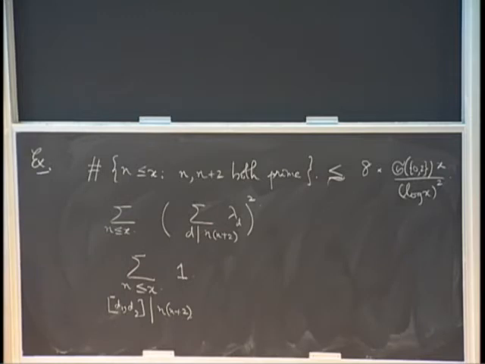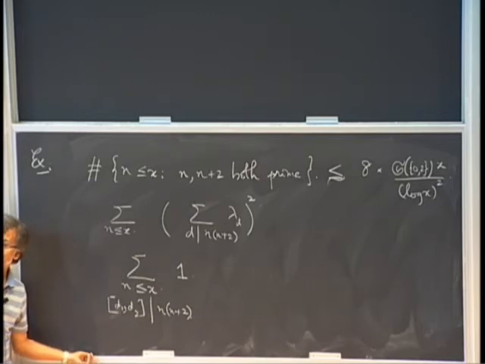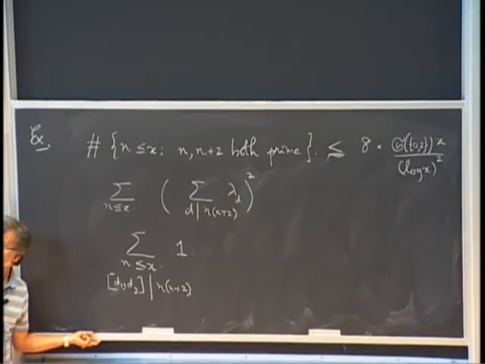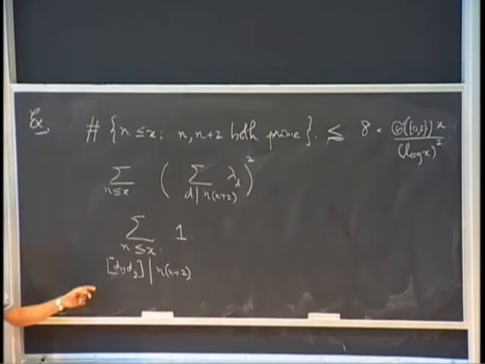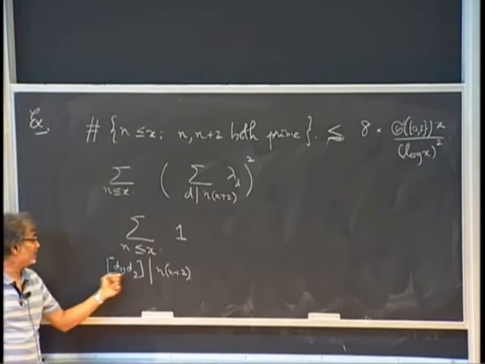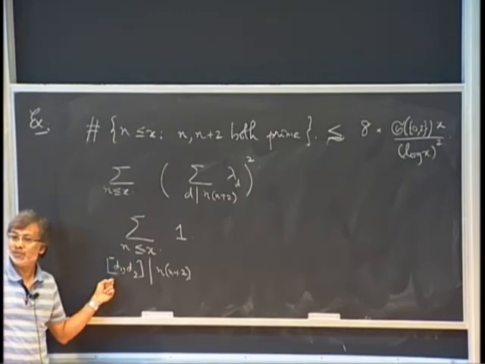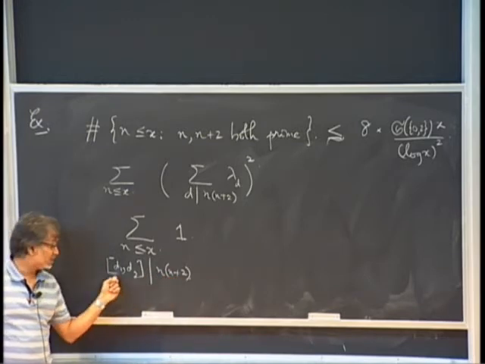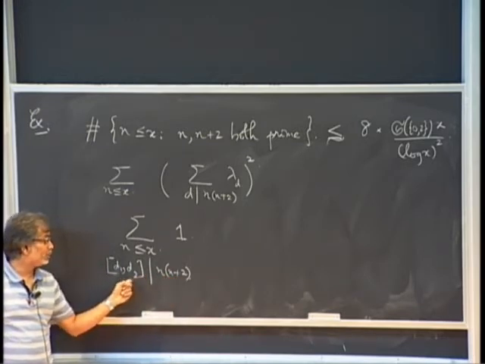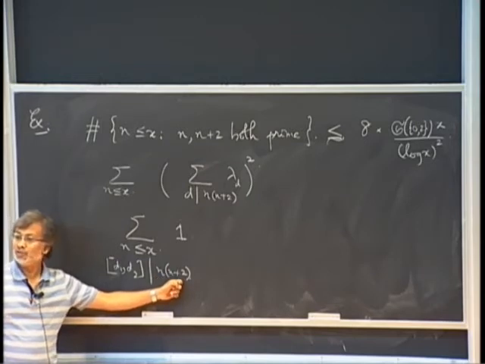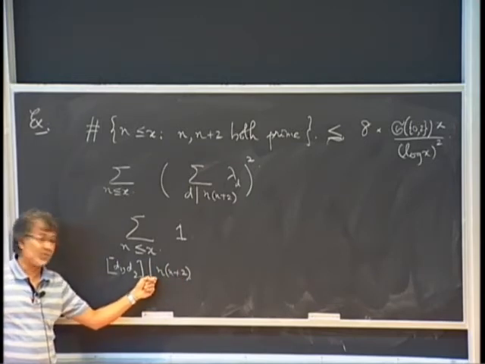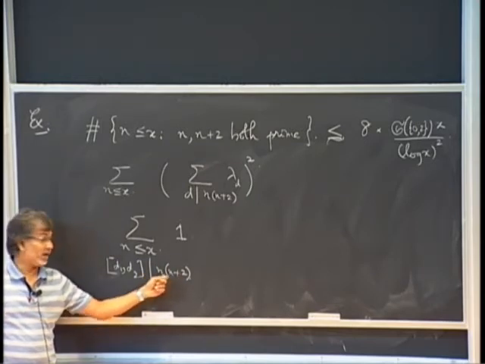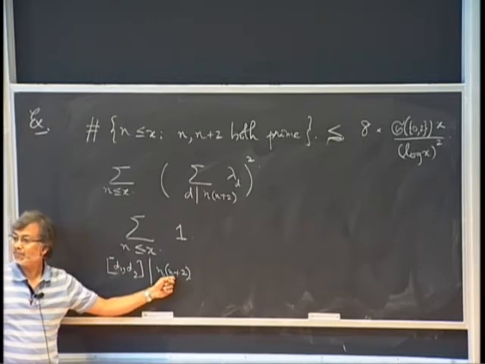So let's think very quickly about how you would solve this kind of problem. The best way to do it is to think of each prime that divides the LCM of d1, d2, and then to ask what condition this means. If p is a prime that divides this, then I want p to divide n times n plus 2, which means that either n is a multiple of p or n is congruent to negative 2 mod p.